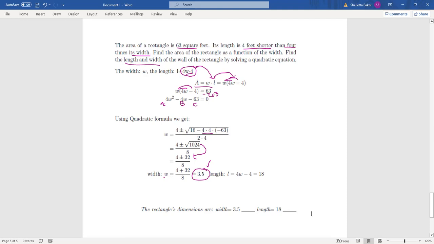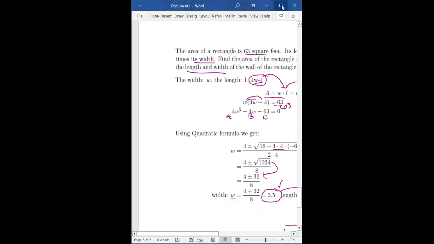That gives us just the width. And to get the length, we now have to substitute. So 4 times that width, minus 4, gives us our length, which is 14. So this is our answer, the length and width of the rectangle. That's our review for test 2.